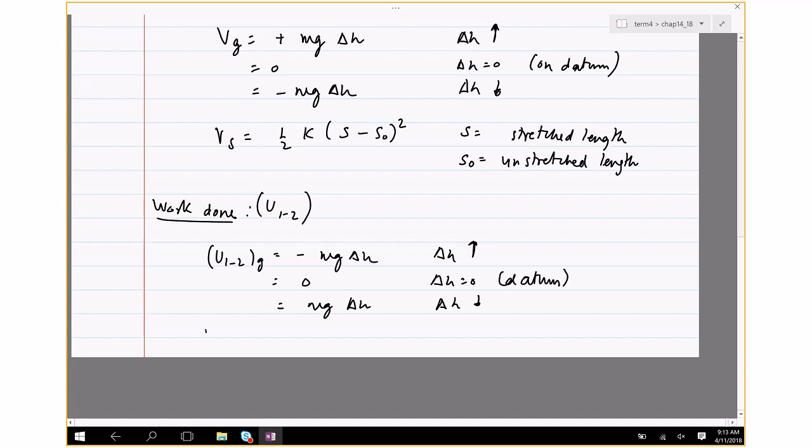And then U12 due to a spring is minus half k (s minus s0) squared.